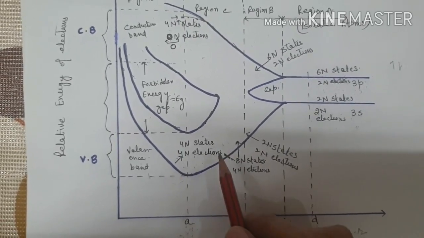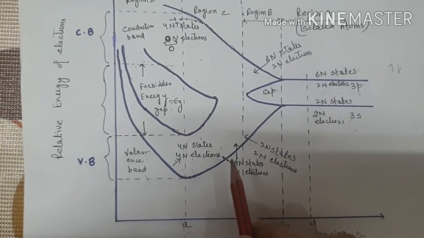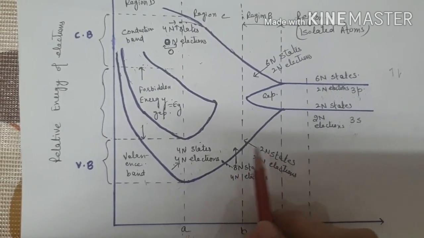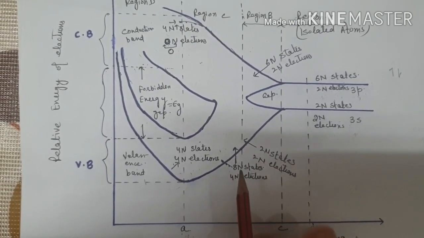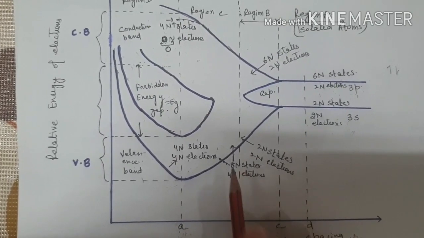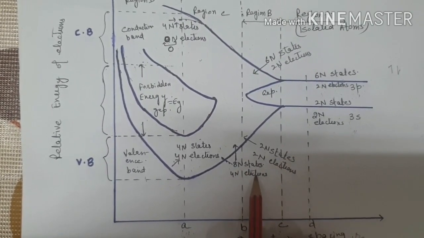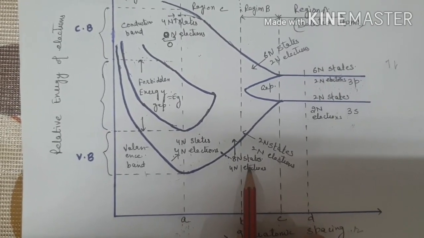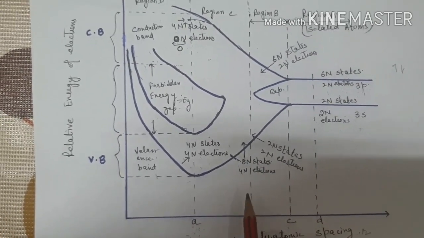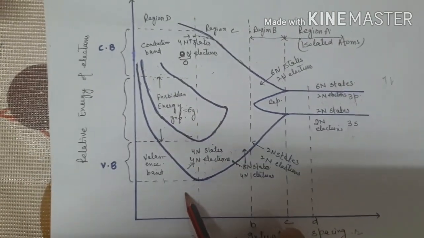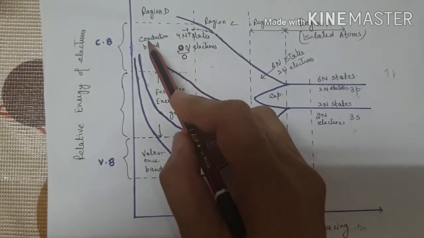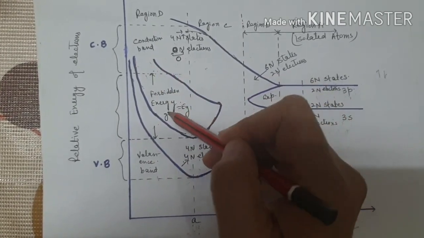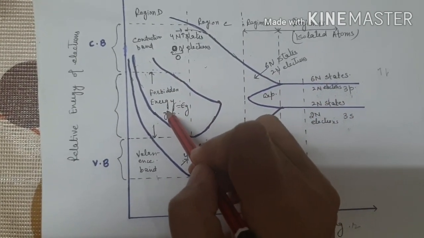Then Fermi energy or Fermi level: the highest energy level that is occupied by the free electrons at 0 Kelvin is called the Fermi level, and the energy corresponding to that level is called the Fermi energy. So this is all about how the valence band and conduction band form, and the gap between the valence band and conduction band is called the forbidden energy gap.